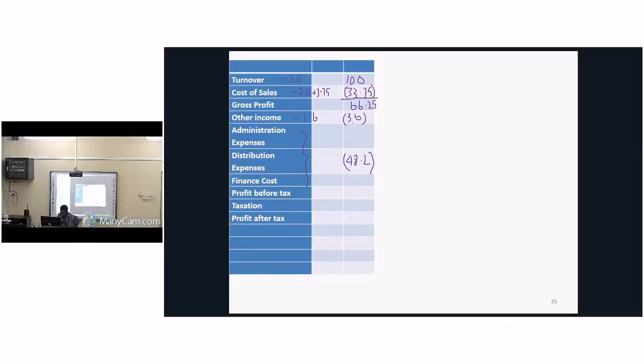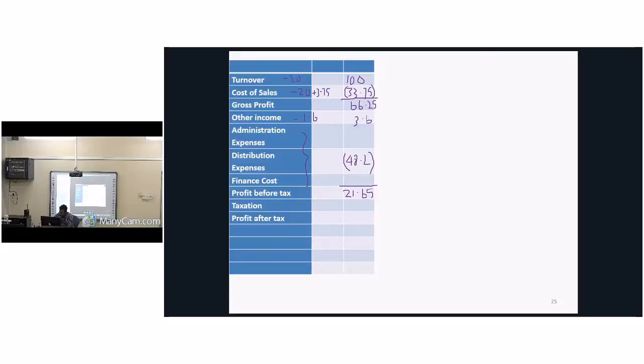Then 66.25 plus other income, no, I made a mistake. 66.25 plus 3.6 minus 48.2 means profit before tax 21.65.